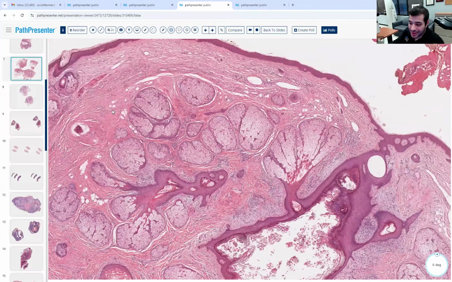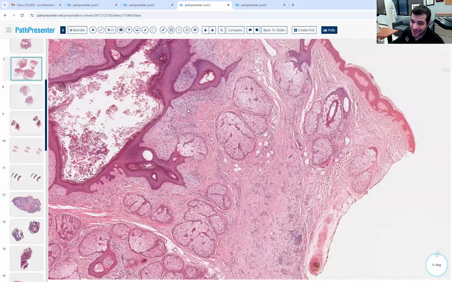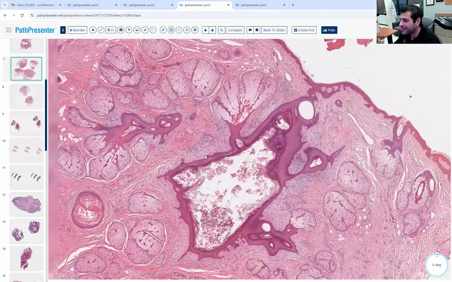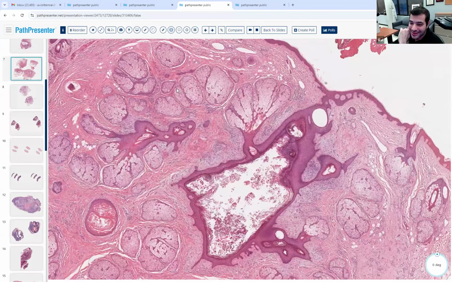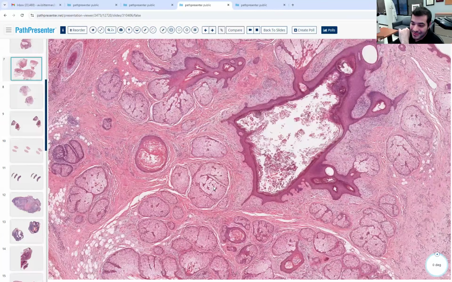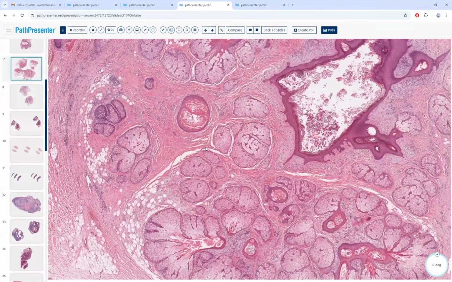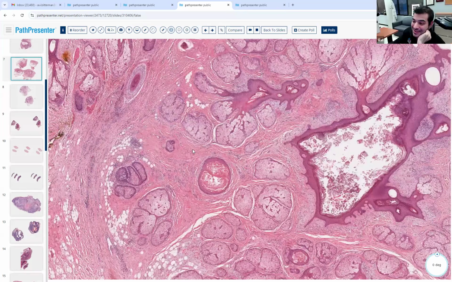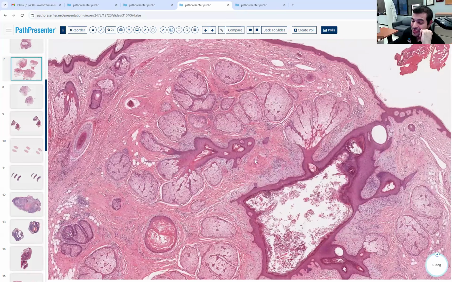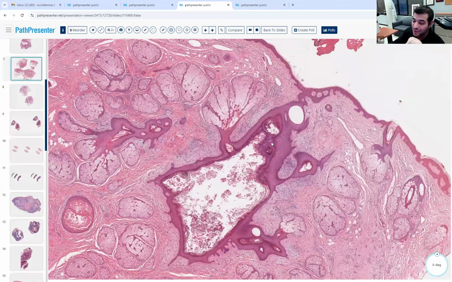Yeah, they're pretty normal. It's just that there's too much of them and too much of these structures. So it's just too much of a good thing. What do we call too much of a good thing? Hamartoma. It's not cancer or anything. It's just making too much of these normal structures.